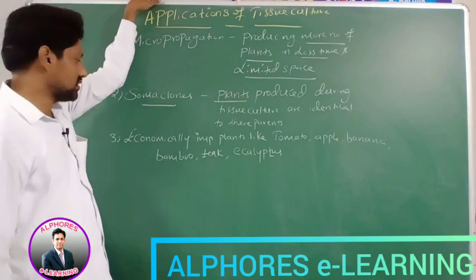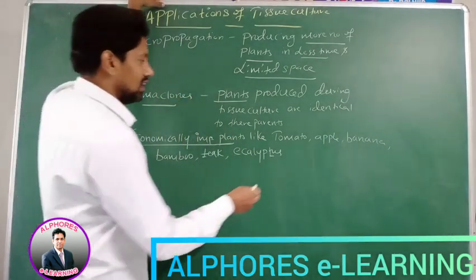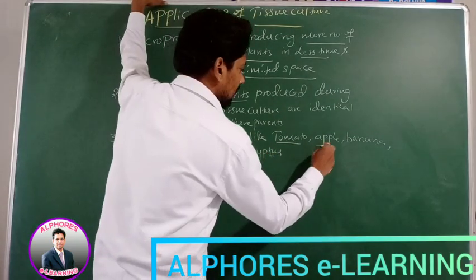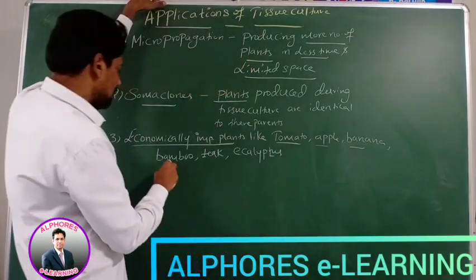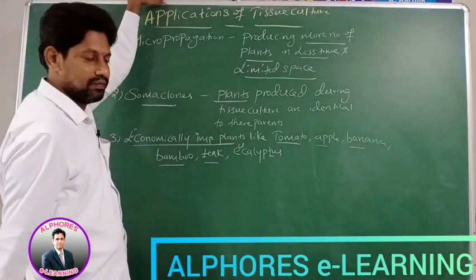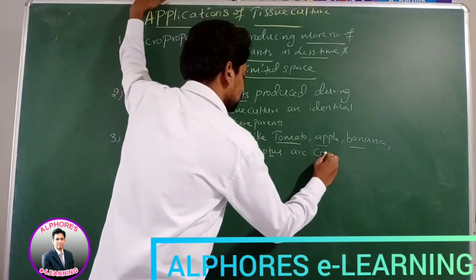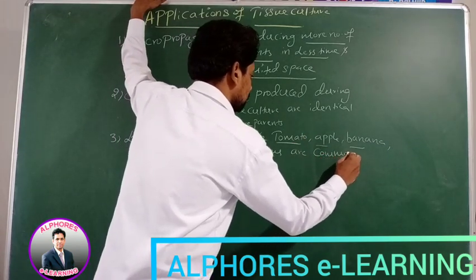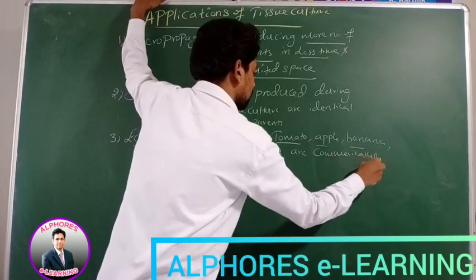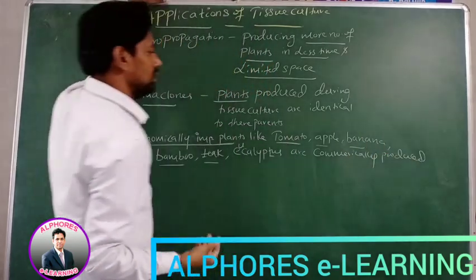Now listen to these statements carefully. Economically important plants like tomato, apple, banana, bamboo, teak, eucalyptus are commercially produced. Commercially produced means large scale, in more amounts.